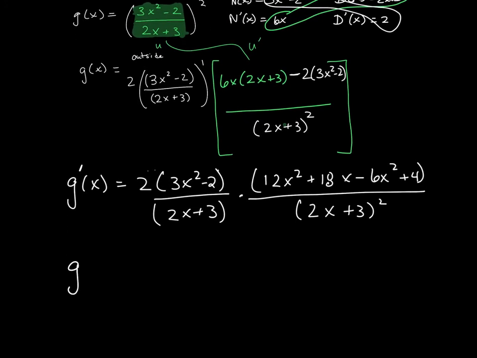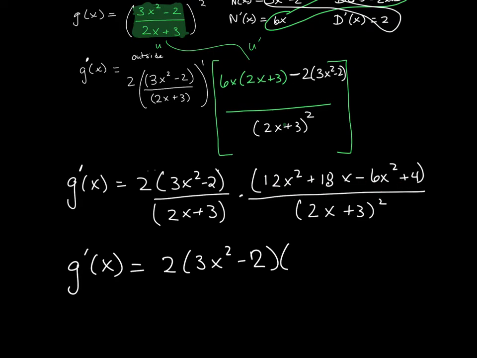So I forgot my prime notation there. So g prime of x is equal to 2 times 3x squared minus 2. Simplify up here.